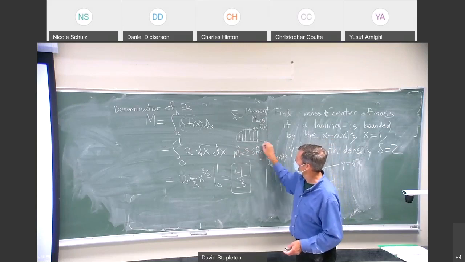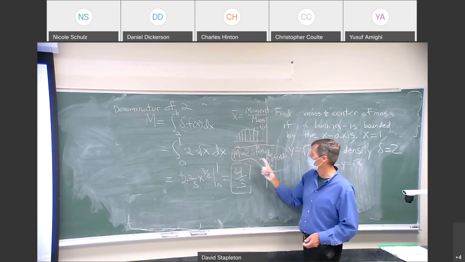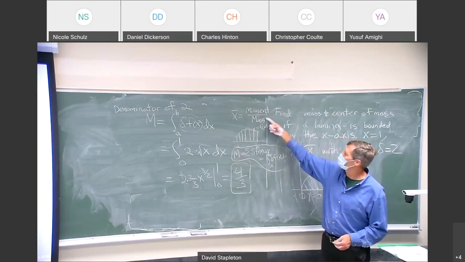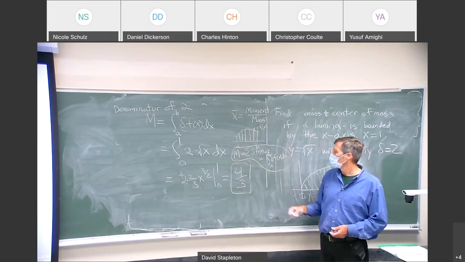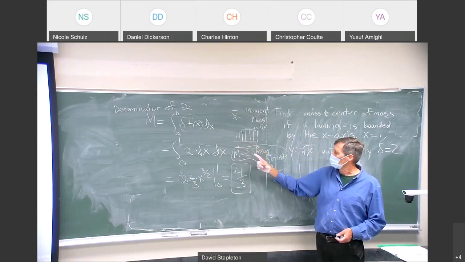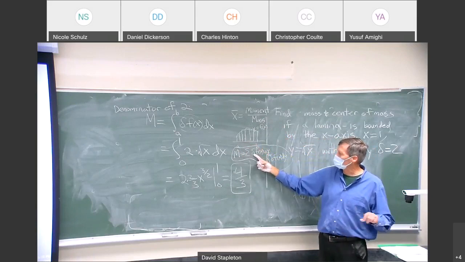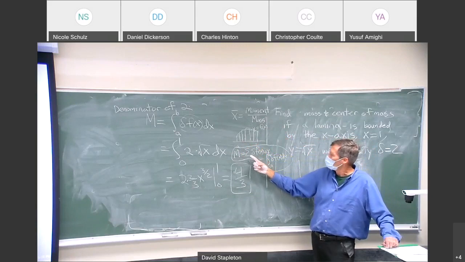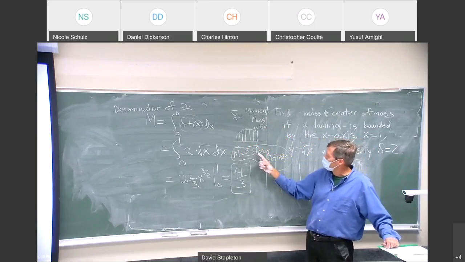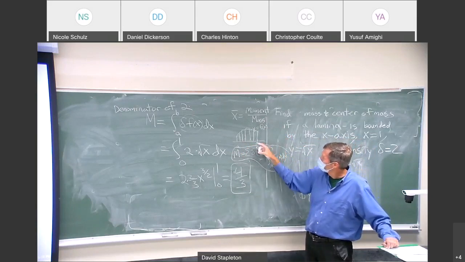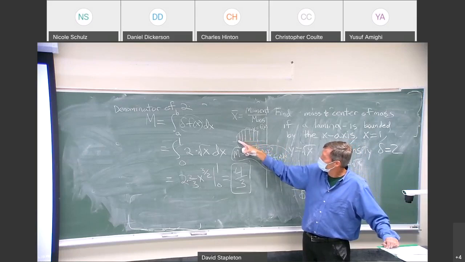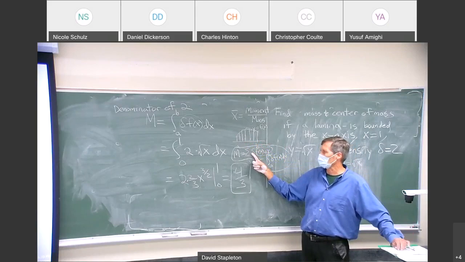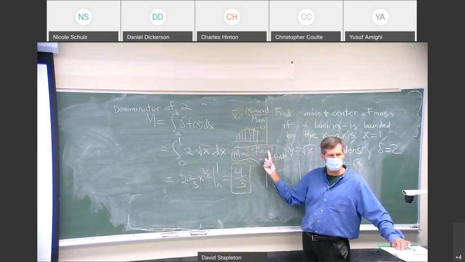Mass is equal to this, but that was the denominator in x bar. If delta is a density per square unit, then delta times the area of a rectangle gives you the mass, right? Density, whatever, kilograms per square meter times square meters gives you kilograms.